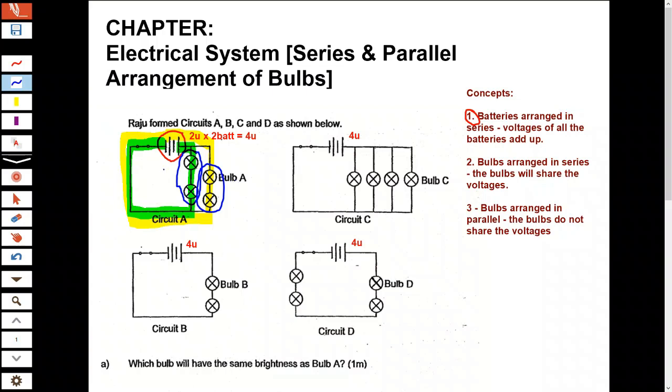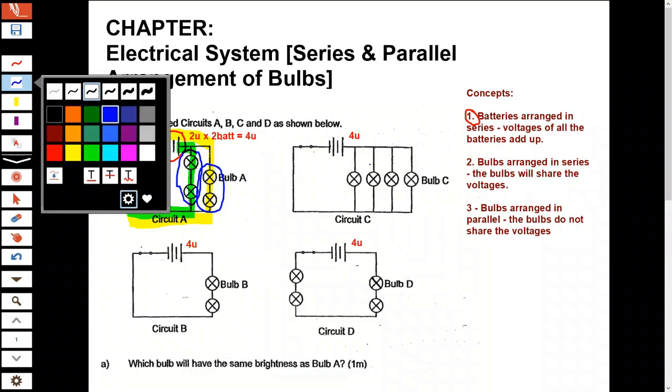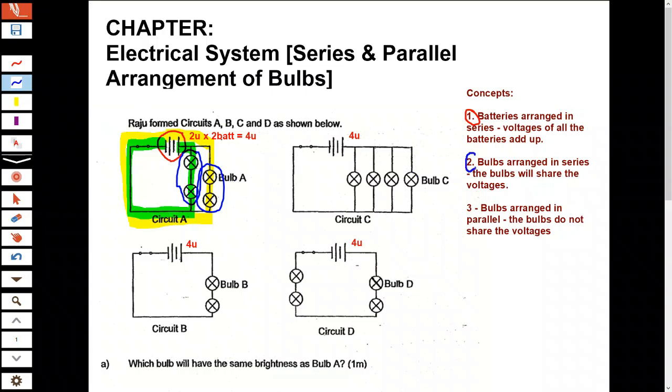But if you apply concept number 2, when bulbs are arranged in series, the bulbs will share the voltages, which means the two bulbs found on the green pathway will be sharing the voltages. So if I were to take these 4 units and divide them between these two bulbs, each bulb will be receiving 2 units. Simple maths.